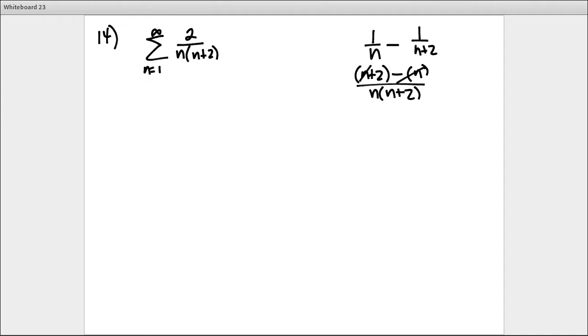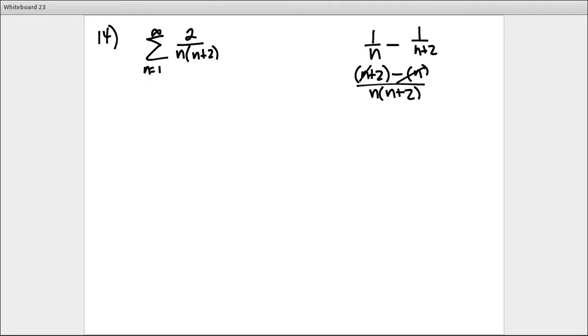Okay, so what happens when you just see this? Well, the way it's set to begin with, you would definitely use telescoping. So this is a telescoping series, but you'd have to do partial fraction decomposition in order to get it into the original one that 14 gave you.